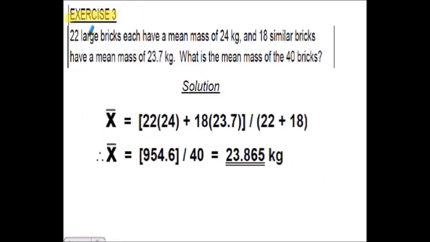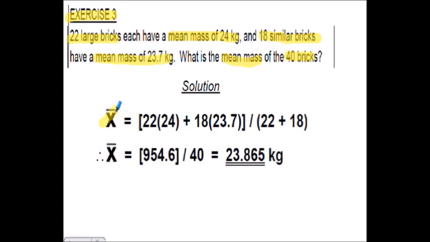Exercise 3 here, we're given that 22 large bricks have a mean mass of 24 kilograms, and then 18 similar bricks have a mean mass of 23.7 kilograms. We've got to find the mean mass for 40 bricks. When we add all the bricks together, we get 40 there.